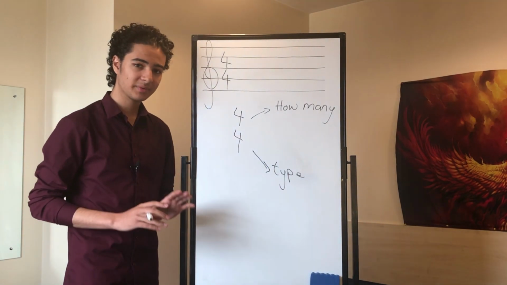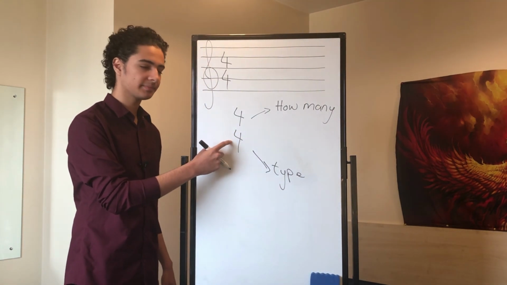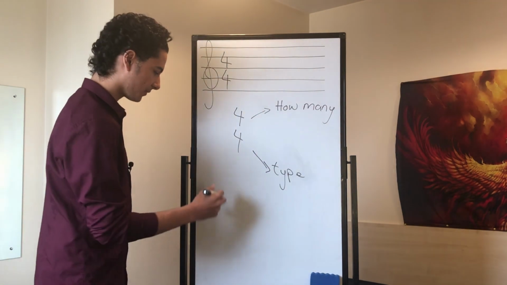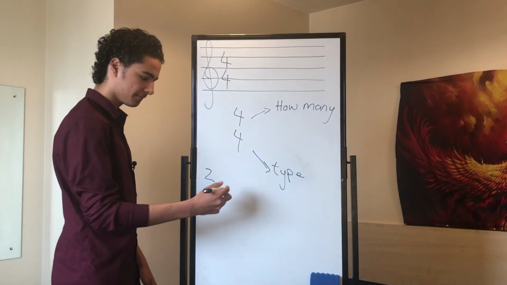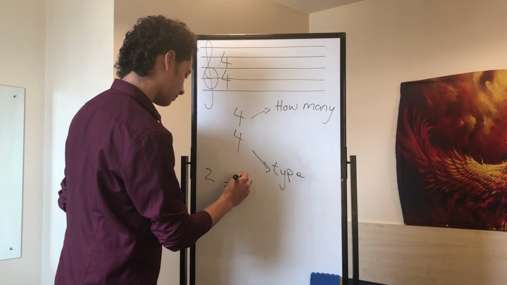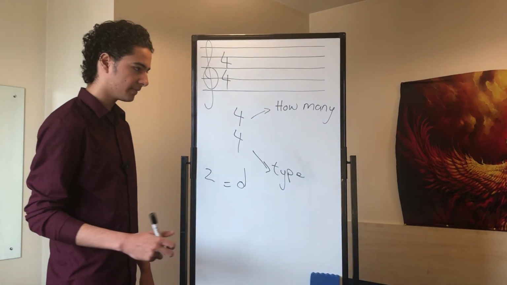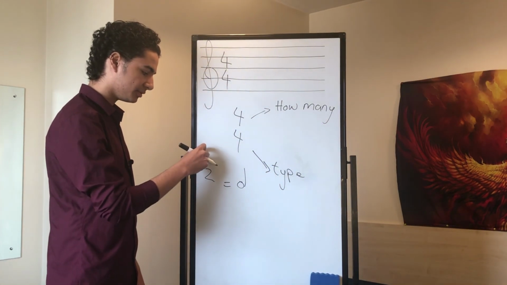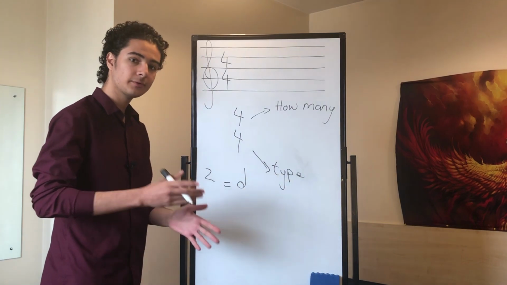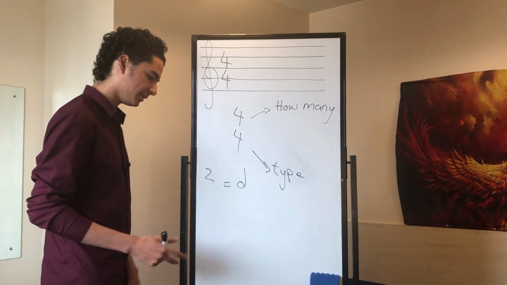Let's look at the numbers that you can find at the bottom of this fraction shape. The first type is 2, and that describes a minim. So if you had, for example, 2/2, that would be 2 minim beats. I'll explain it in more detail.